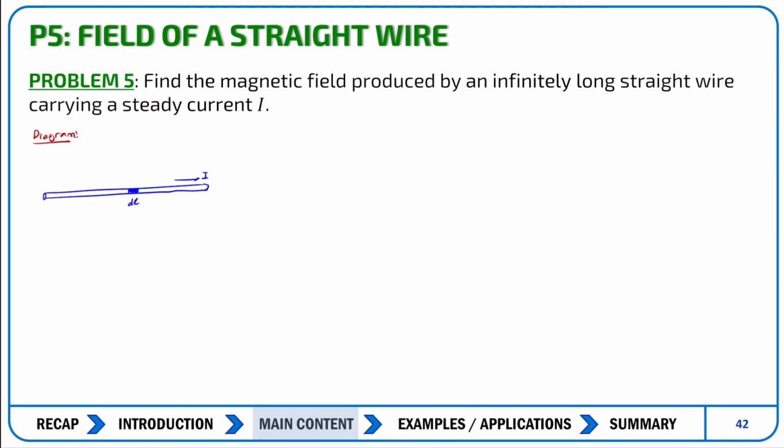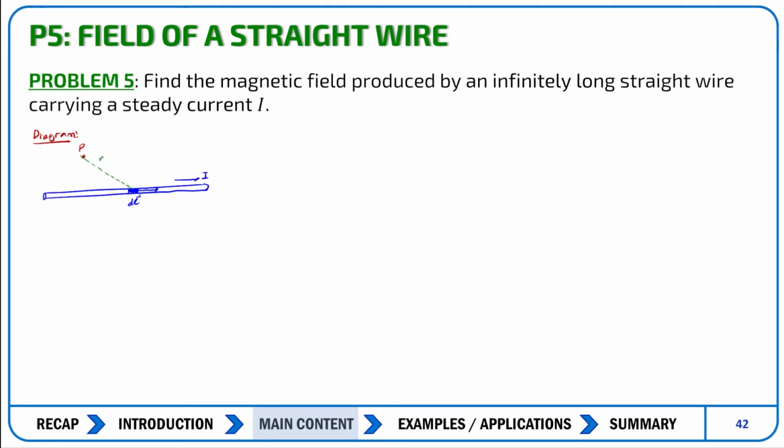Should probably have that in there, there's dl. Okay, because it's a wire, we can have our point P pretty much anywhere around the wire. So let's put this P over here. That's my point P. This basically means I have R going this way.